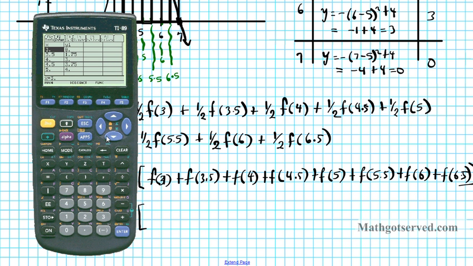Okay, so these are the values I'm going to be using. For 3 we have 0, for 3.5 we have 1.75, for 4 we have 3, for 4.5 we have 3.75. So these output values, I'm going to copy them right here.